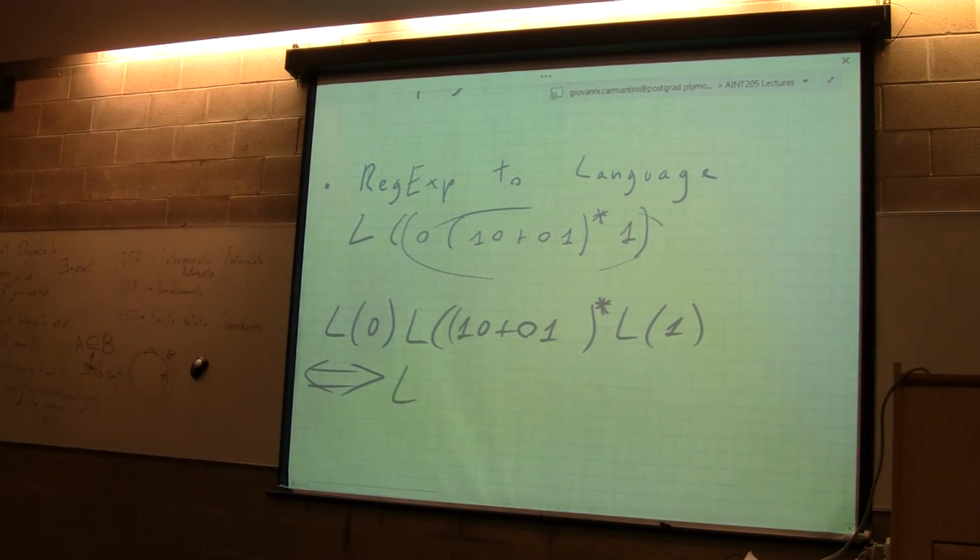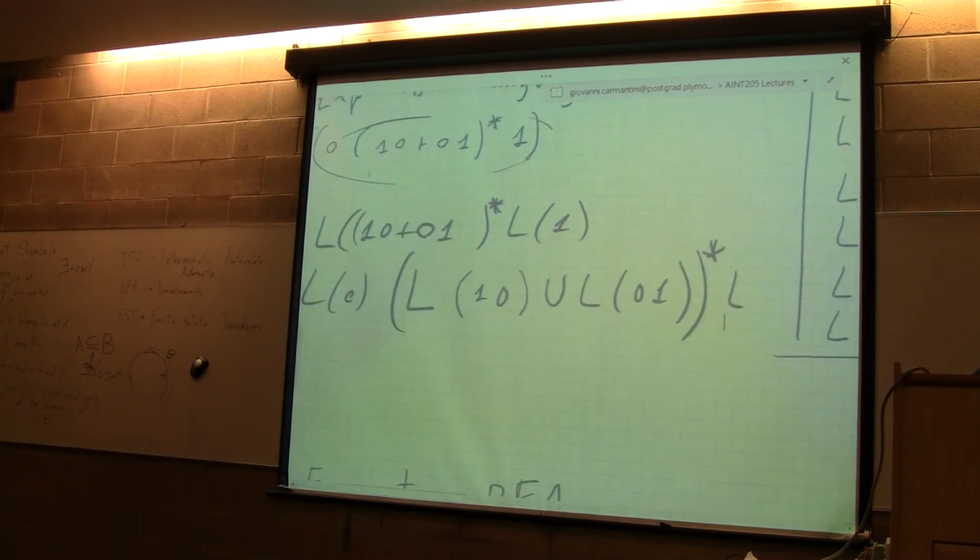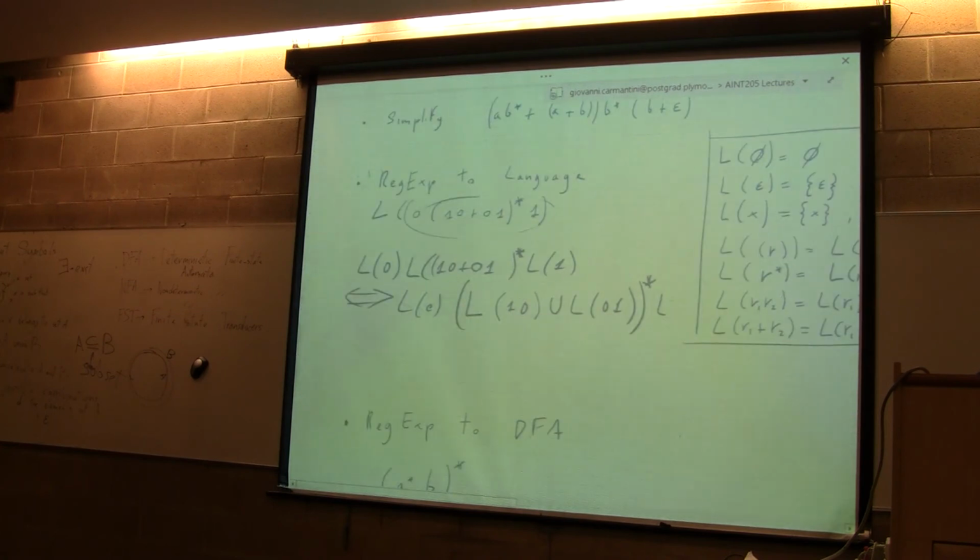So what we do here is L of, well, the alternative here, right? So just write it L of 1, 0, union L of 0, 1, and this is star L of 1.